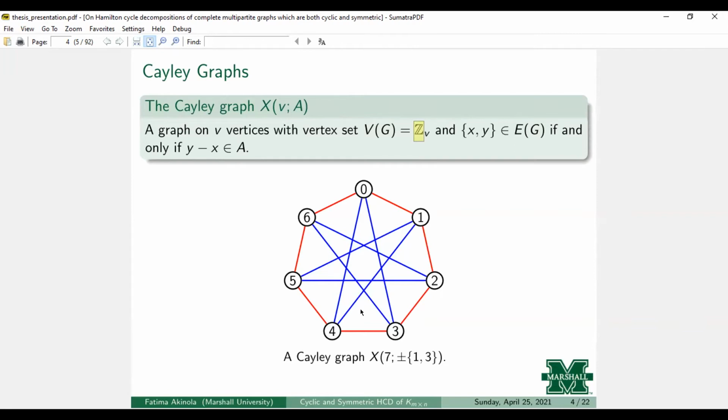If I do 0, 4 and I do 4, 0, that's why I have a plus or minus here. So if I do 0, 1, that's 1 minus 0, that's 1. And if I do 1, 0, that's 0 minus 1, that's minus 1. So this is a Cayley graph that contains two edge lengths. That's the word we use to call this kind of thing. It's denoted by X, the number of vertices, and the set of edge lengths. So all of this will be important in a minute.